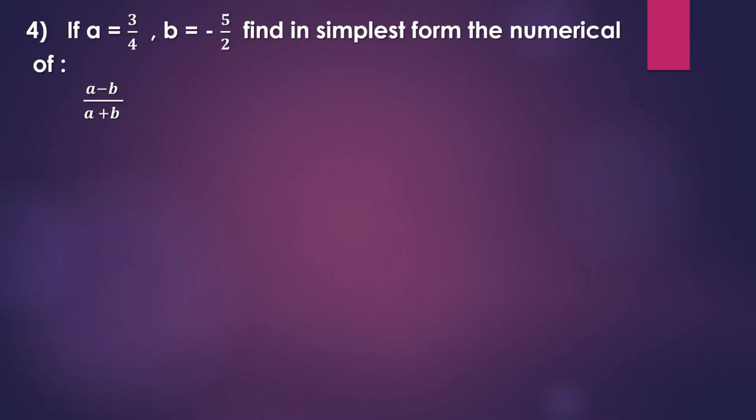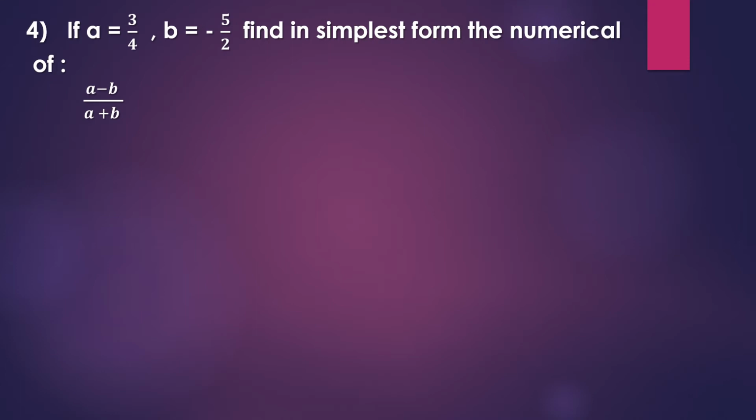If A equals 3 over 4, B equals negative 5 over 2, find in the simplest form the numerical value of a minus b over a plus b. We substitute the numbers of a and b as follows.